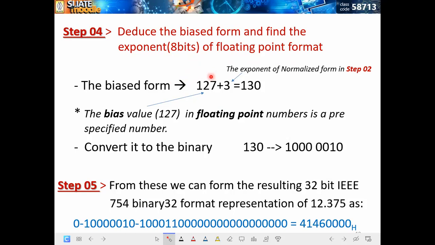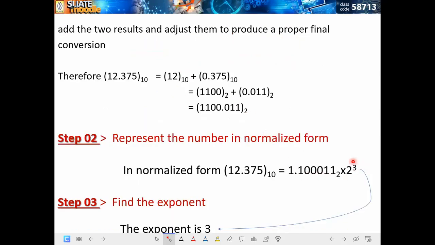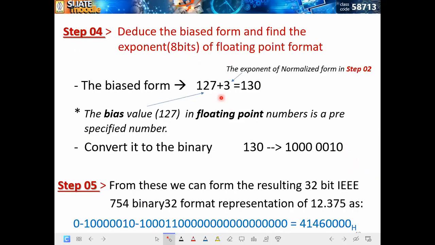The exponent in our number, we are going to add it with 127 and we get an answer. So that's the value of the biased form. Actually the biased value is 127. Students, you don't need to think of this much. This is a given number, a pre-specified number in the floating point format.